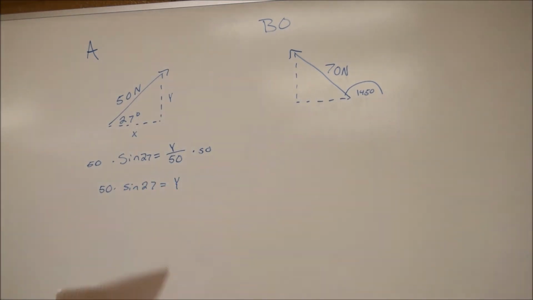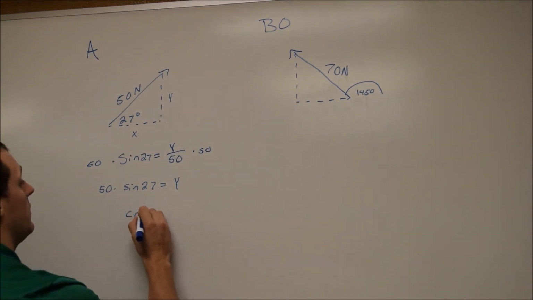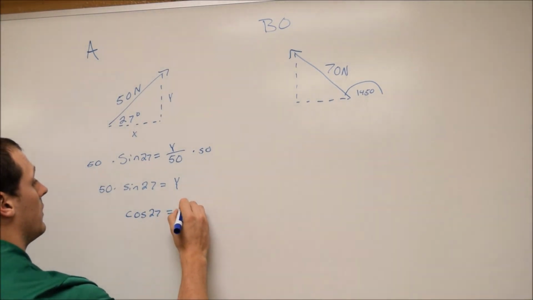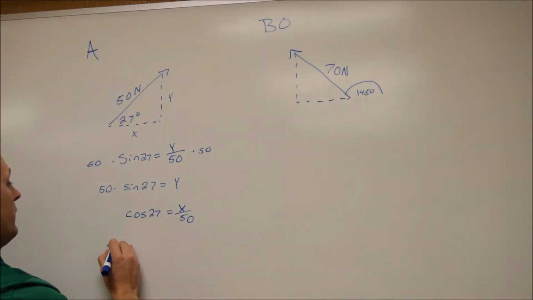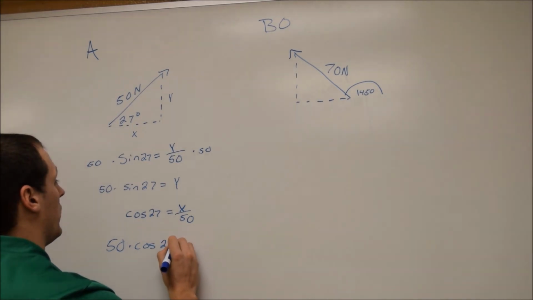And now we're going to do the same thing for our x using cosine instead. So the cosine of 27 is equal to x over 50. So we end up with 50 times the cosine of 27.